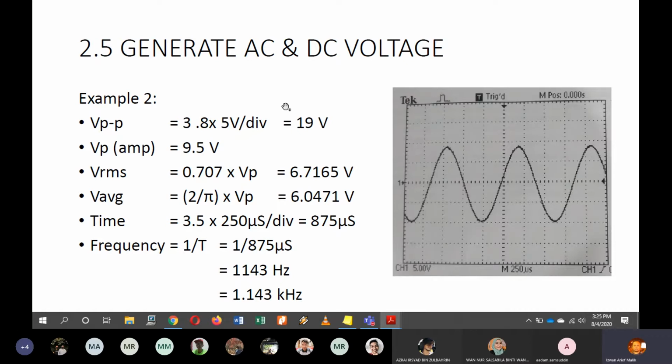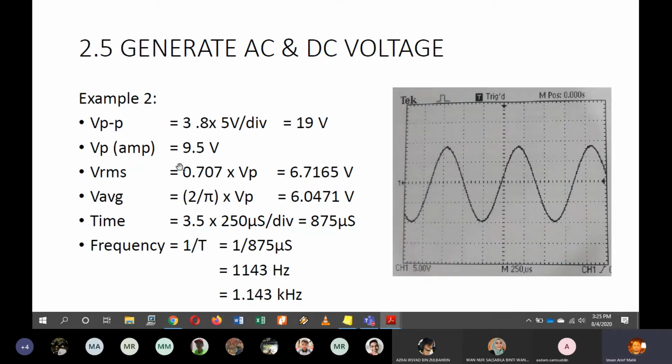Okay. Alright, another example here, V peak to peak. If you look at this part here, we start from here, 1, 2, 3, 3.2, 3.4, 3.6, 3.8. Okay, so 3.8 divisions from the negative peak up until the most positive peak.